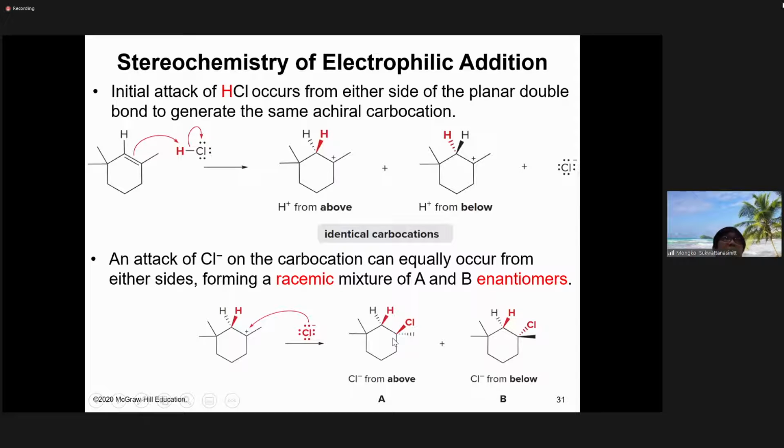And also there's a simple rule of thumb that whenever your starting material is chiral or not chiral, and your reagent is also non-chiral, you will always get either an achiral compound or a racemic mixture. That means it has no optical activity. Okay.